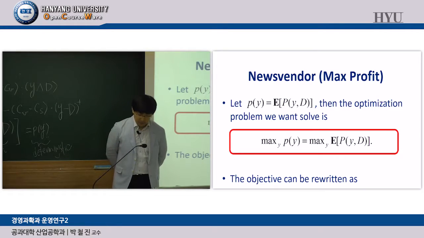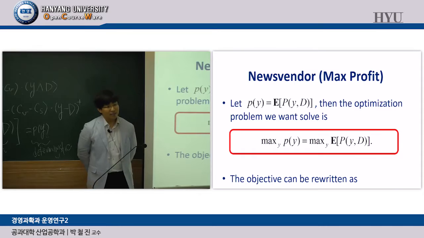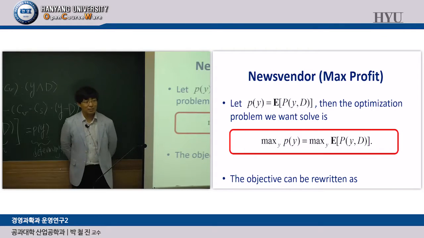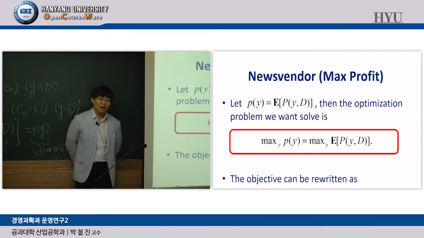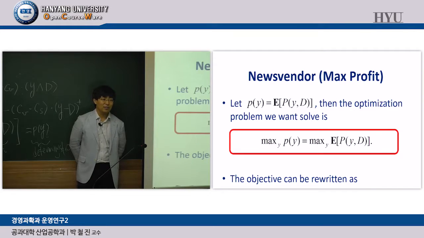So in the operations management science and operations research 1 course, at the end of the course, we discussed how to maximize a certain general function, right? A twice differentiable function. How to do it? Do you remember?